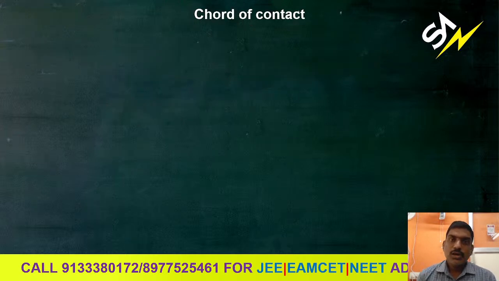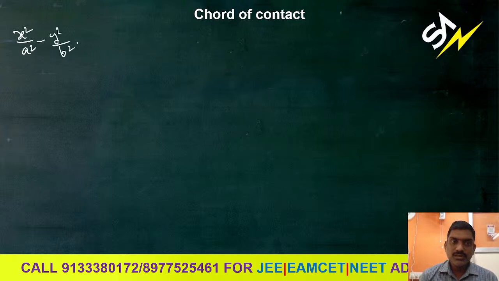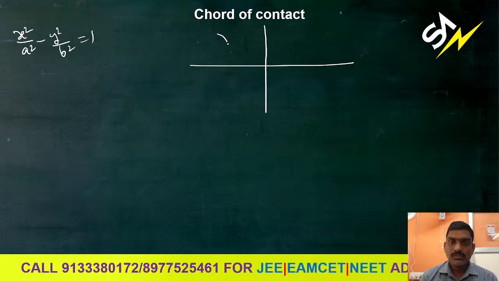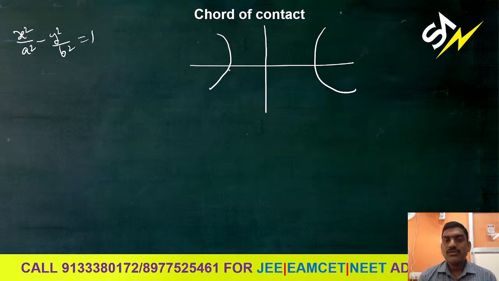Next, let us see the chord of contact. The hyperbola is x square over a square minus y square over b square equal to 1. What is the chord of contact? Let us take a point P. From this point, draw the tangents.